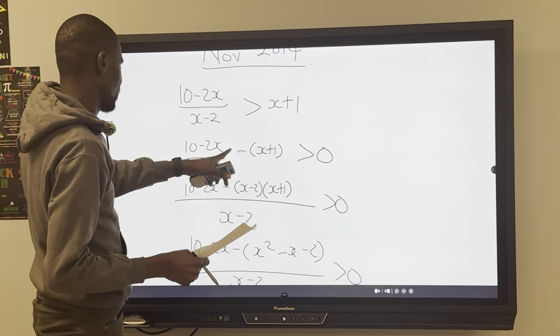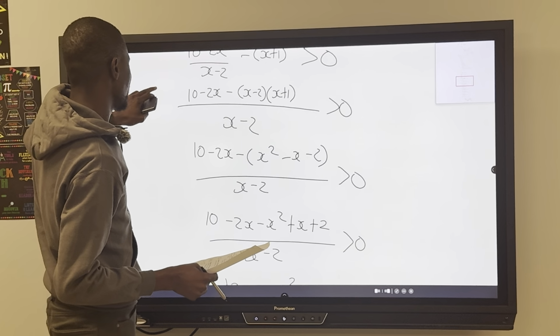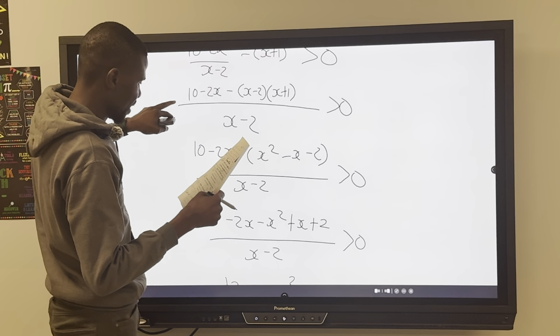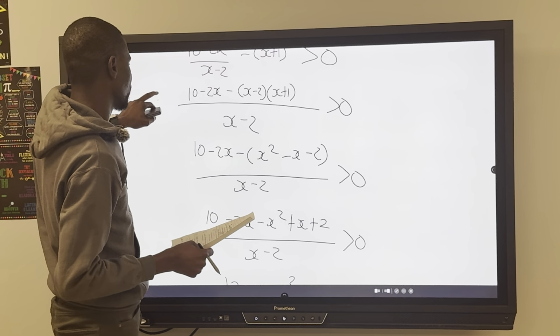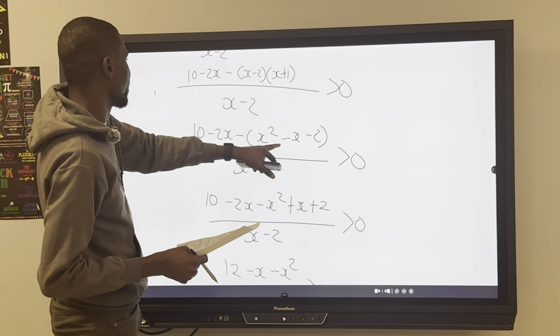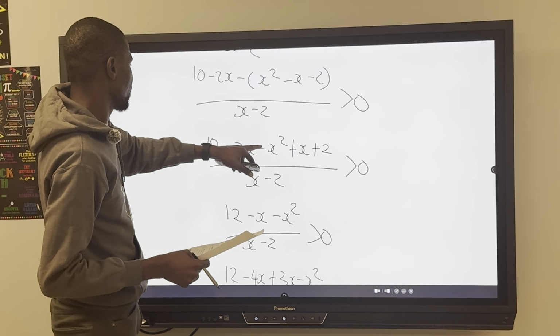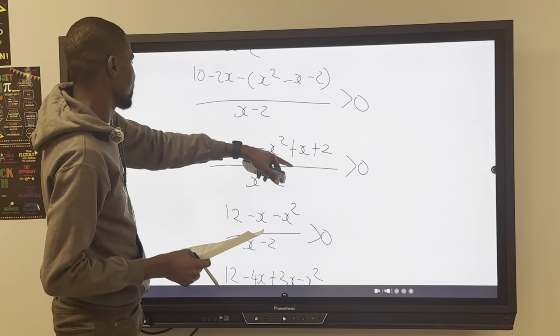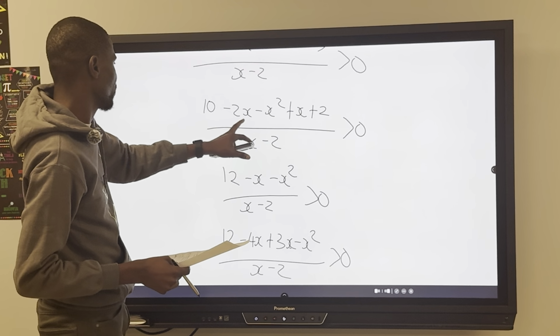I brought that side, then from there, it was 10 minus 2x. Then negative x squared plus that. So now it's x squared plus x minus 2x, which is minus x minus 2, right? Then when I distribute this, it's negative x squared plus x plus 2. Then when I simplify 10 plus 2, that's 12.